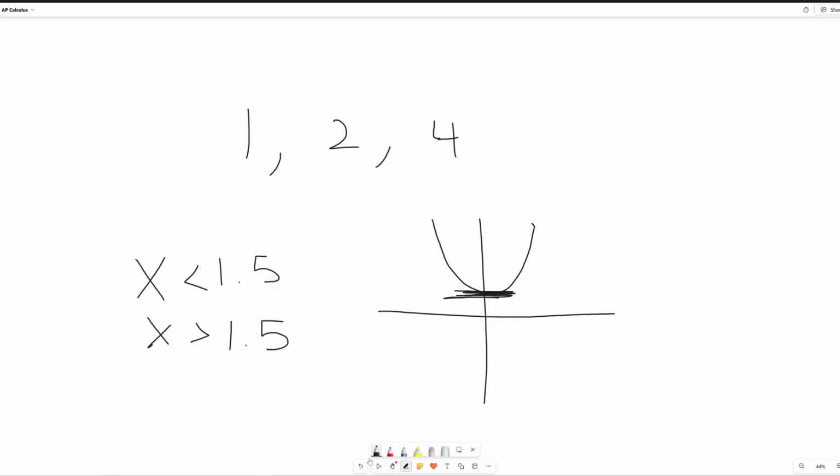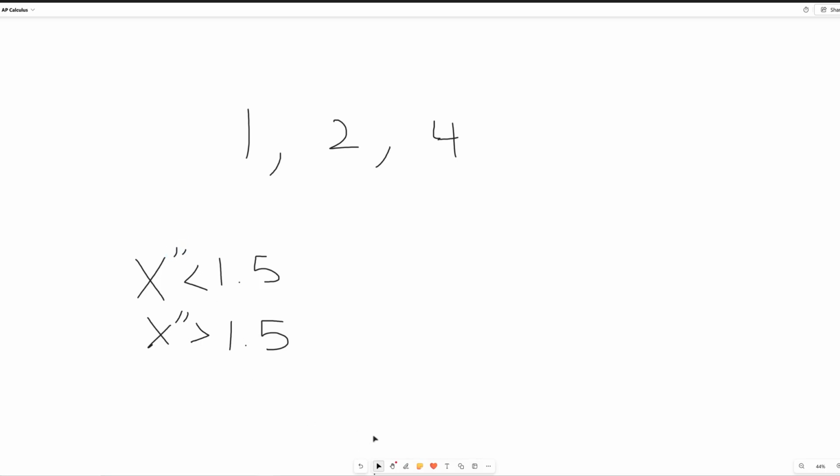So here, in this case, x double prime, I should say, is less than 1.5. No, f is concave down on less than 1.5 and concave up on greater than 1.5.